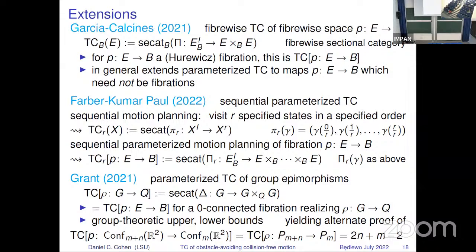And this is the notion that they extend. The idea is natural. Instead of looking at the twofold product E cross E over B, they look at E cross E cross ... cross E, r-fold, all over B. They look at r-tuples of points in E, which all project to the same point. And they define the sequential parameterized topological complexity to be the sectional category of that fibration.